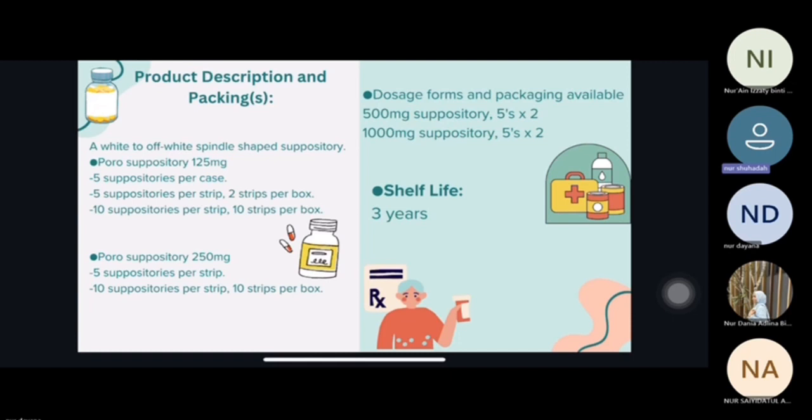Second one is Poro suppository 250 mg, 5 suppositories per strip, or 10 suppositories per strip, 10 strips per box. And the last one is dosage form and packaging available for 500 mg suppository, 5 suppositories times 2, and 1000 mg suppository, 5 suppositories times 2. The shelf life is 3 years.